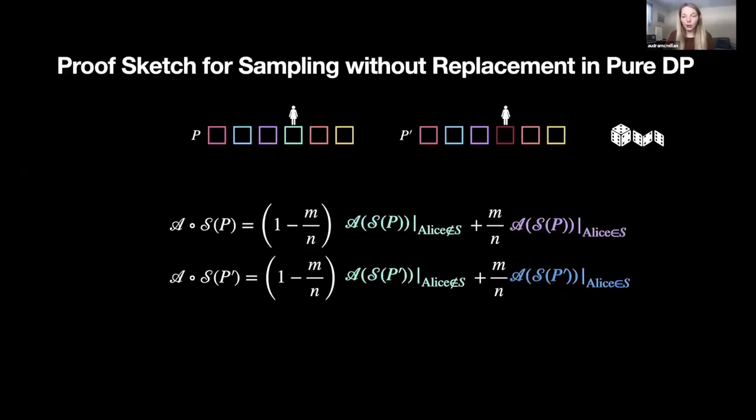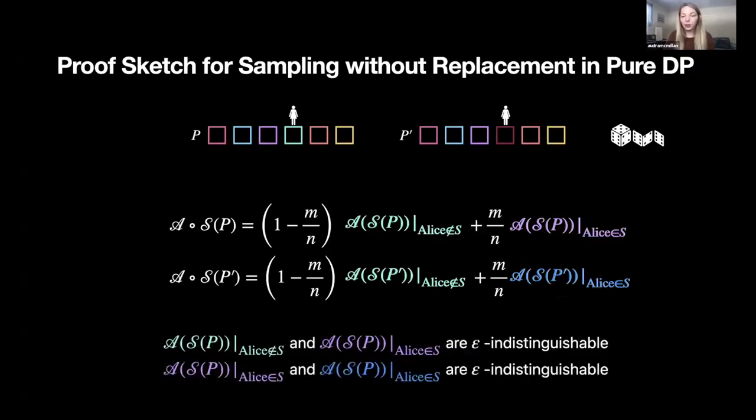Okay, so returning to our proof sketch. Now these two mixtures look like the mixtures I just had in my lemma, and I need to establish these indistinguishability relationships. I'm not going to establish them formally, but let's talk about intuitively why they're true. Let's first look at the distribution on P when Alice is not in the sample, and the distribution on P when Alice is in the sample. I can turn a sample that doesn't contain Alice into a sample that does contain Alice just by substituting her in for a random person.